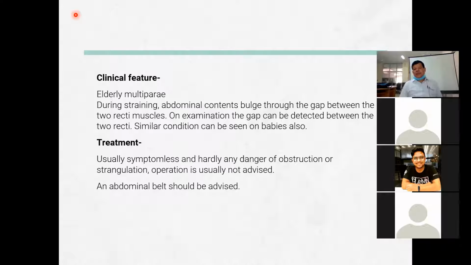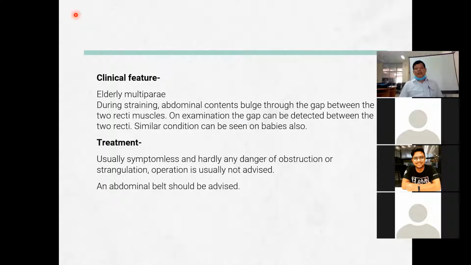But when it is cosmetically very bad, or with huge bulging in female patients, an operation such as herniorrhaphy or hernioplasty can be done. Otherwise, with mild divergence of the recti, operation is not advised. We can only advise an abdominal belt for regular use, which prevents further progression.